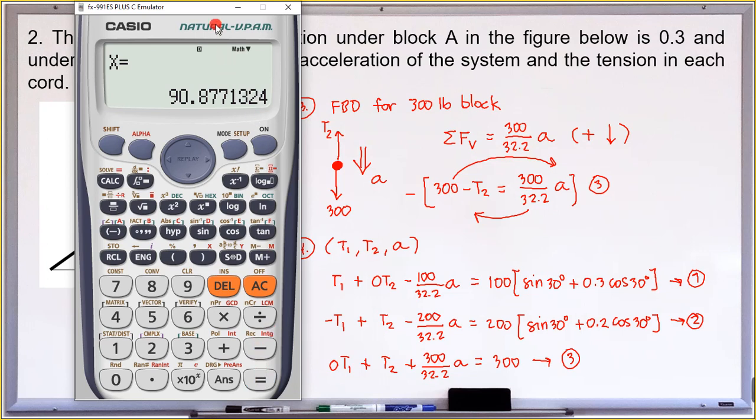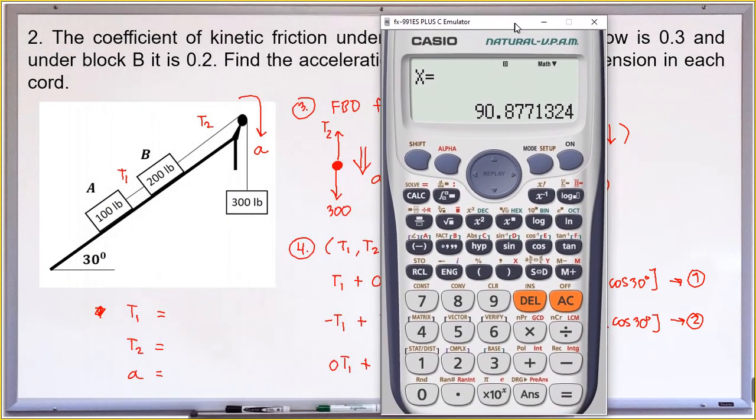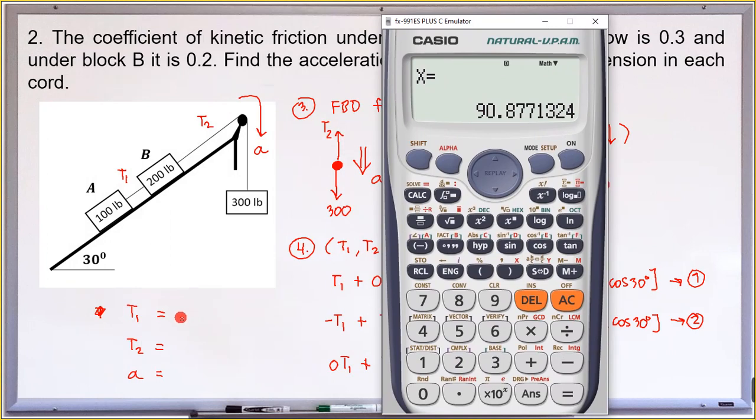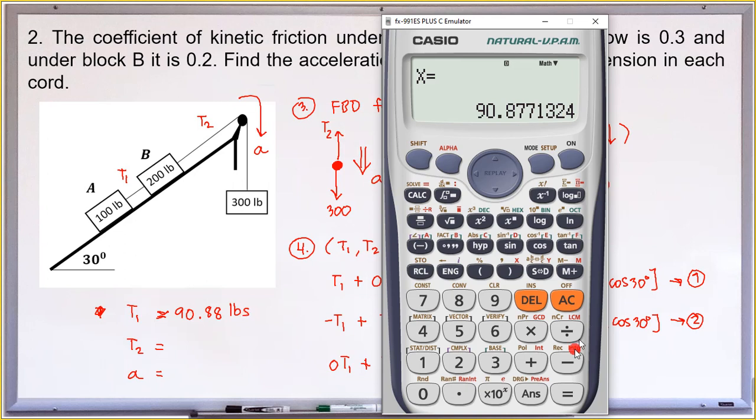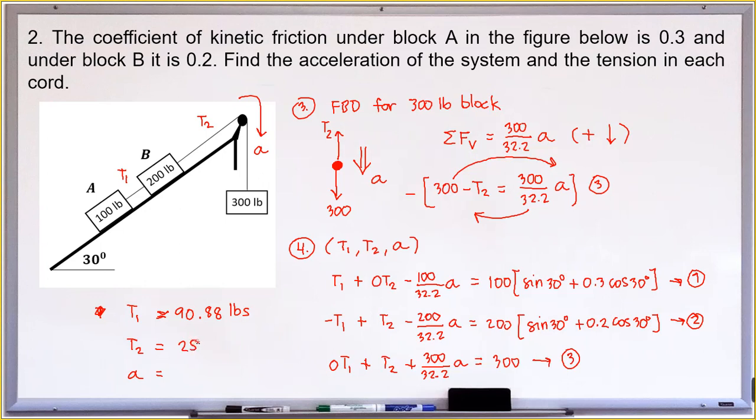So the T1 is approximately 90.88 pounds. Then for T2, press equal again, 255.31 pounds.